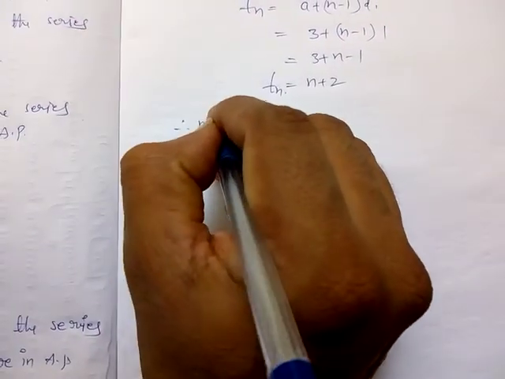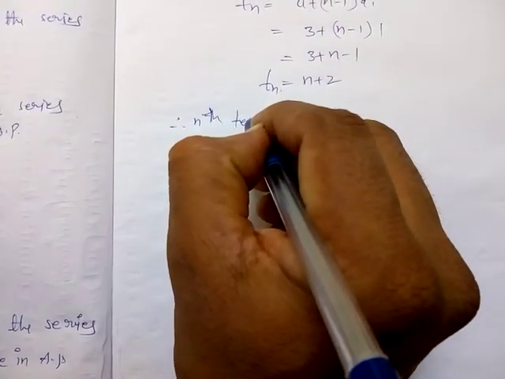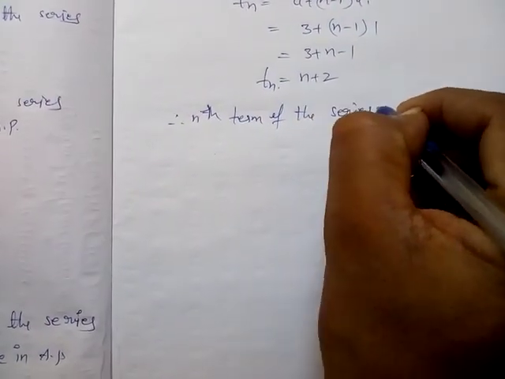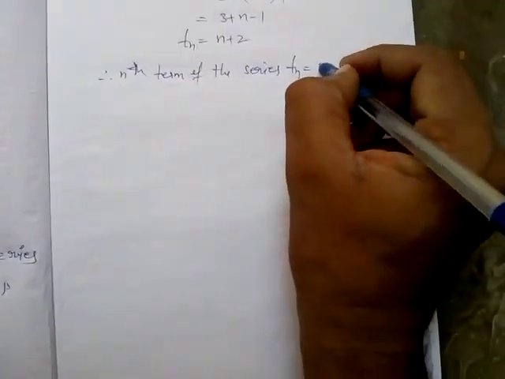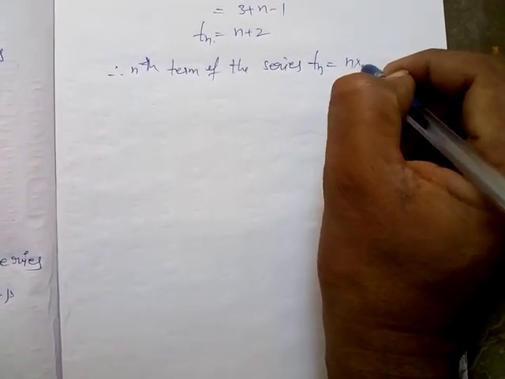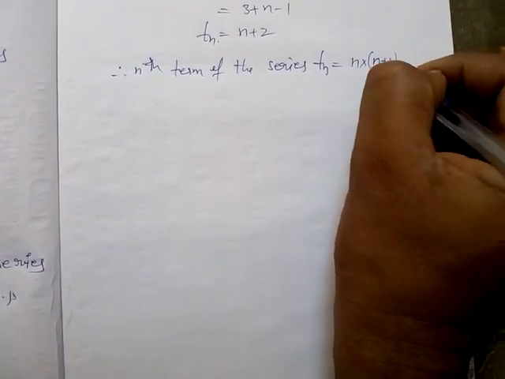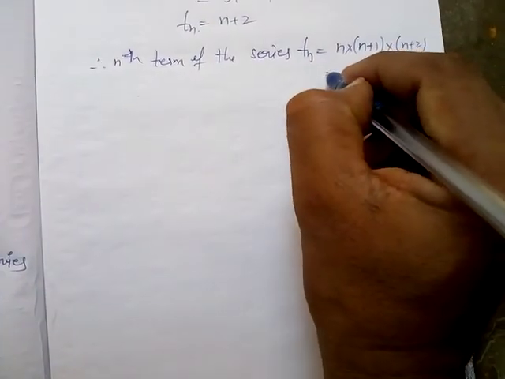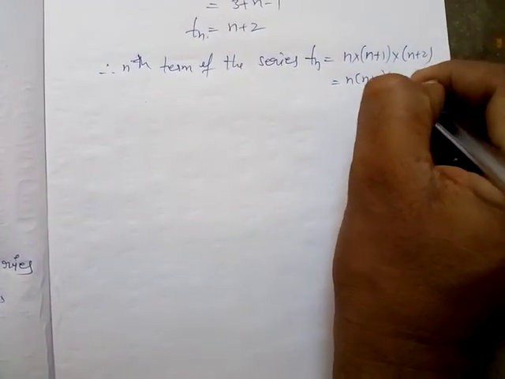Therefore, the nth term of the series Tn is equal to the first factors' nth term n, into the second factors' nth term n plus 1, into the third factors' nth term n plus 2. So n into n plus 1 into n plus 2.